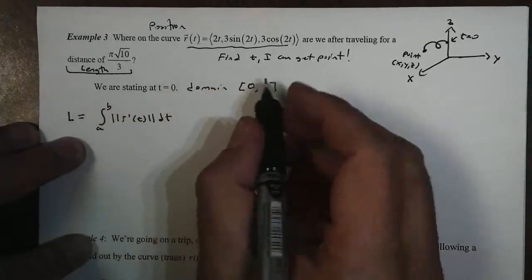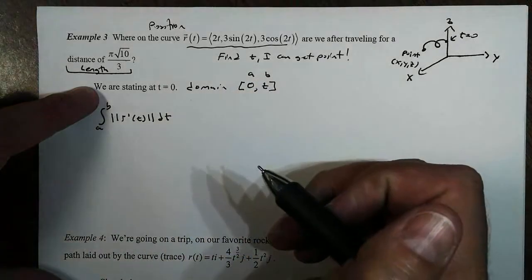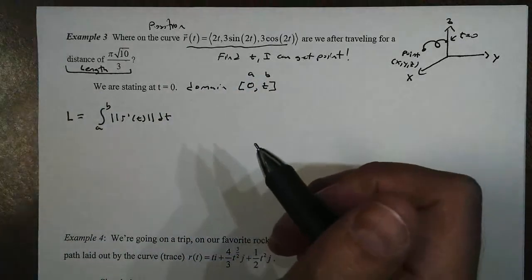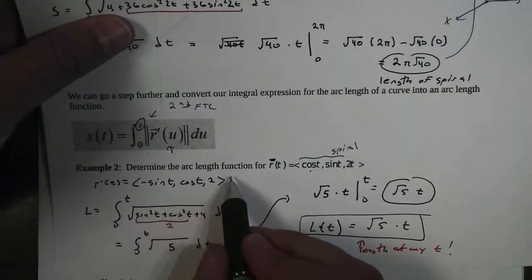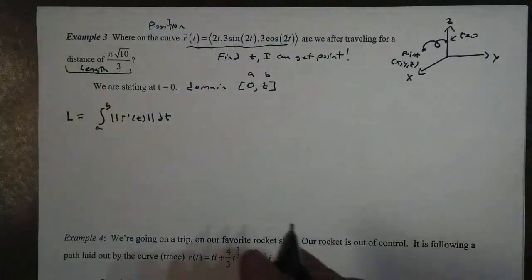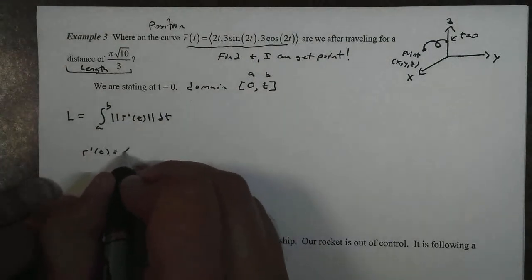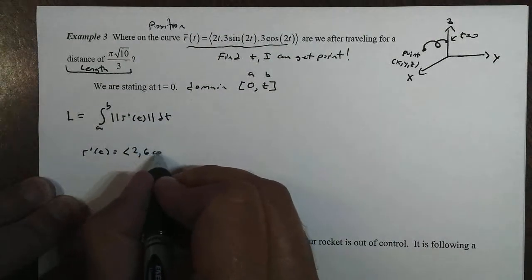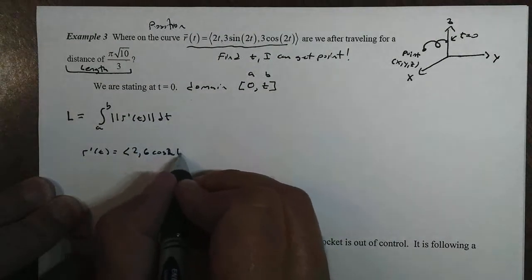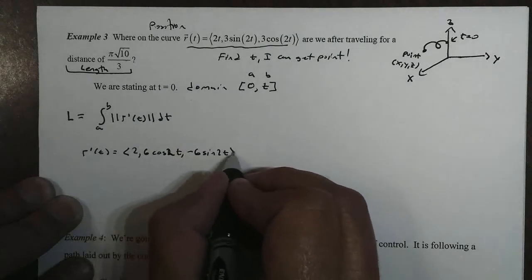I know what a is, and I kind of know what b is. B is just t, and that's okay. That's going to be like our example number 2, where we actually found the arc length equation for us. All I need to know now is r prime of t, and I can get that by taking my derivative. We get 6 cosine 2t, negative 6 sine 2t.